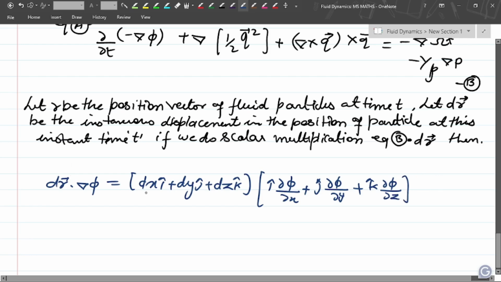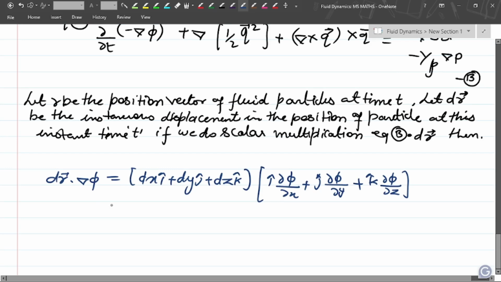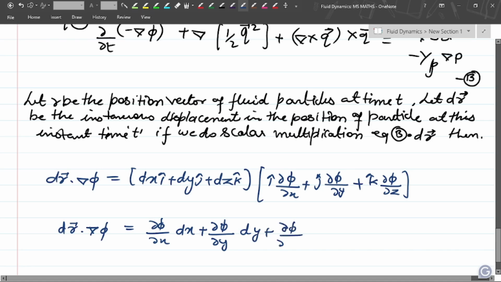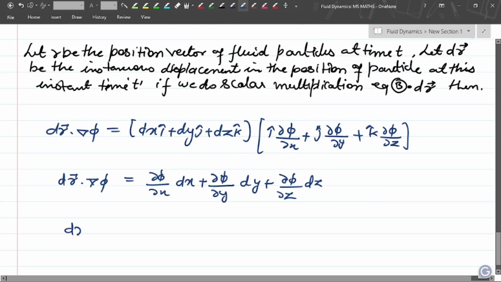So dr vector dot del phi is basically dou phi by dou x into dx, plus dou phi by dou y into dy, plus dou phi by dou z into dz. So dr vector dot del phi is nothing but d phi.